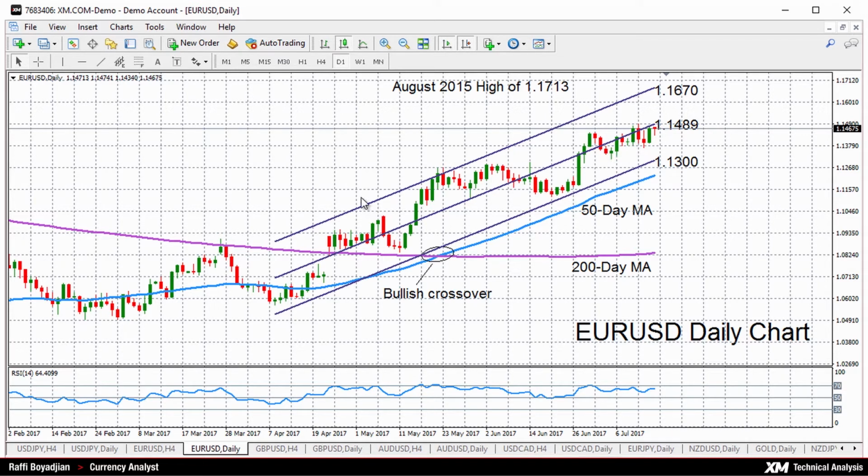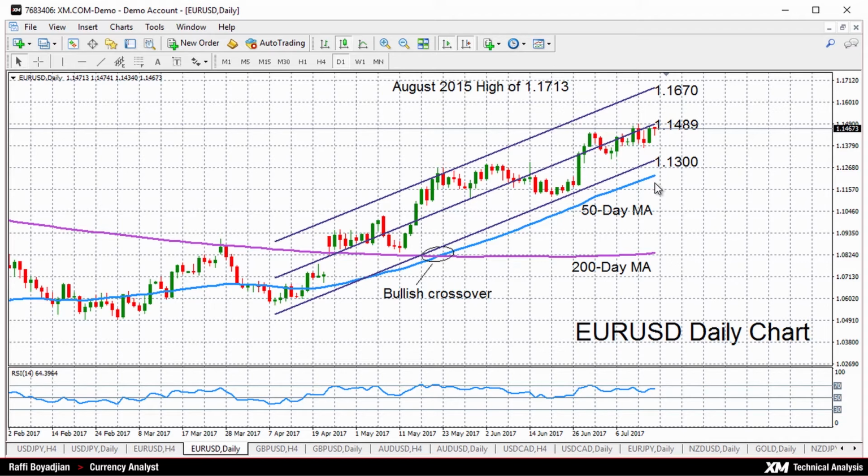We can see that prices are still trading pretty much within that linear regression channel that's been in place since April. Prices are currently in the middle of the regression channel, which also happens to be last week's peak of 1.1489. At the top of the channel we have the 1.1670 level, and then after that the other key resistance that would come into scope would be the August 2015 high of 1.1730.